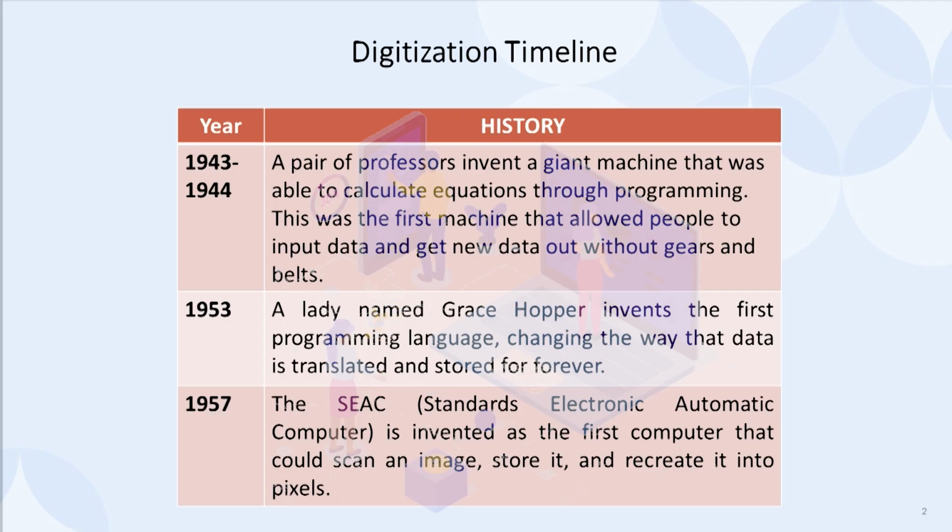We say garbage in, garbage out, so that is where the concept came from. Whatever program we give to the computer, it will generate accordingly. But now AI has come, so things have changed a lot.